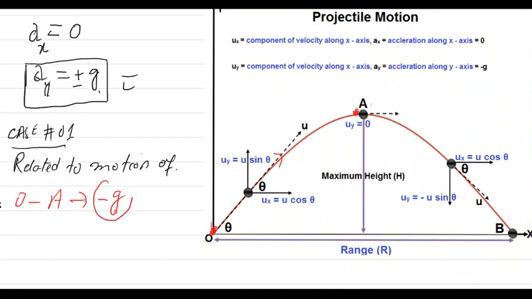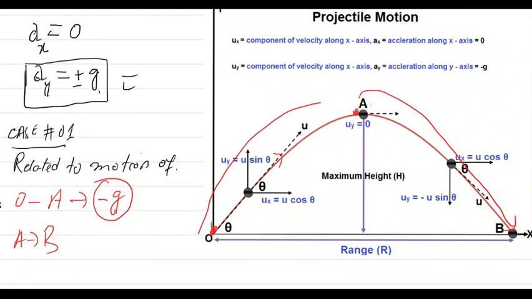We will use the minus sign. Then from A to B, before I said O to A is minus g. Now I'm talking about O till B: will we use the positive or the negative sign?